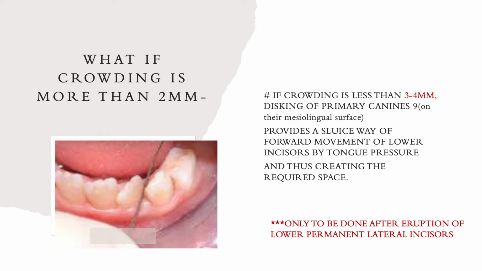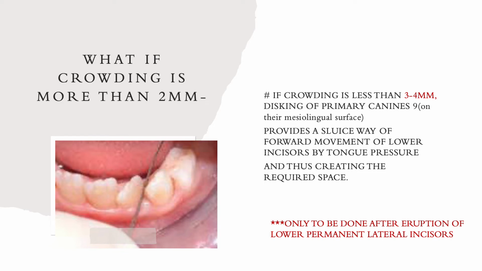As you can see in the picture, the primary or milk canines in the lower jaw will have to be sliced, or disked. That can be done with a slicer manually, or you have automatic motors or air rotors. They will disk off the surface.